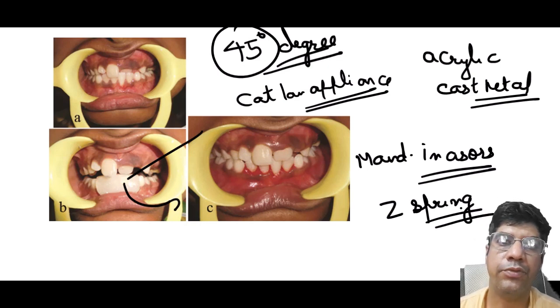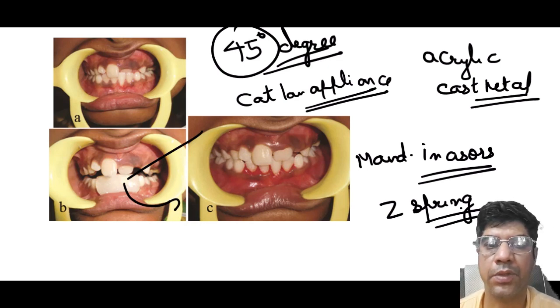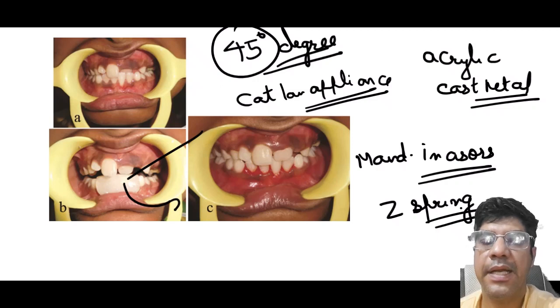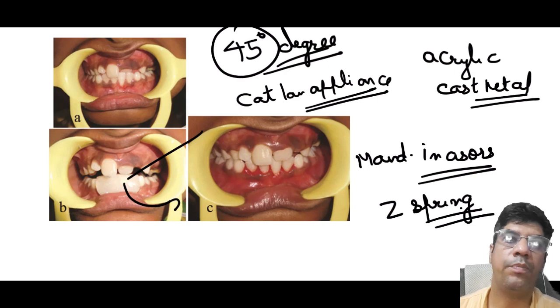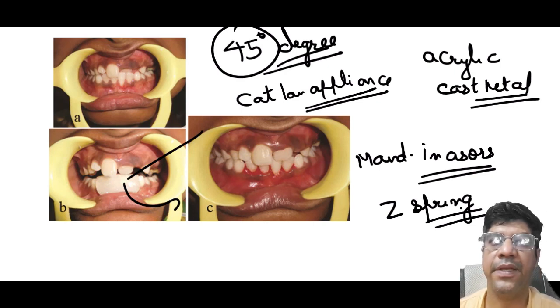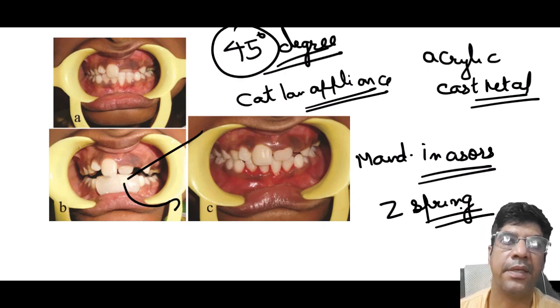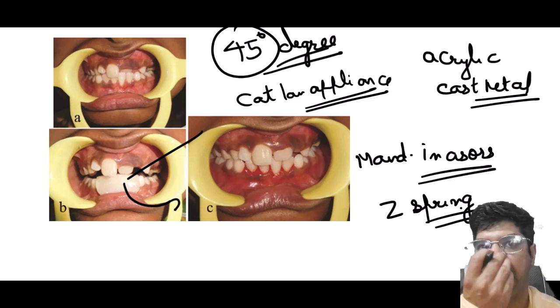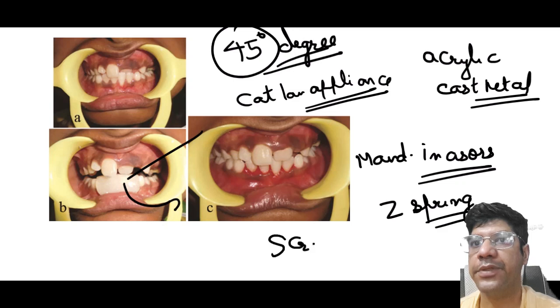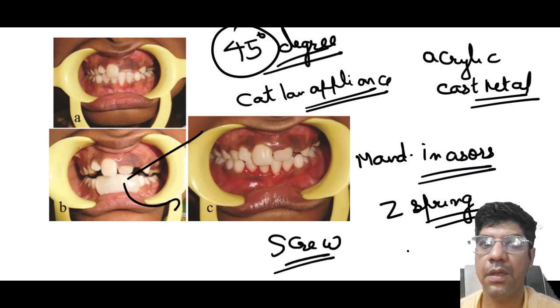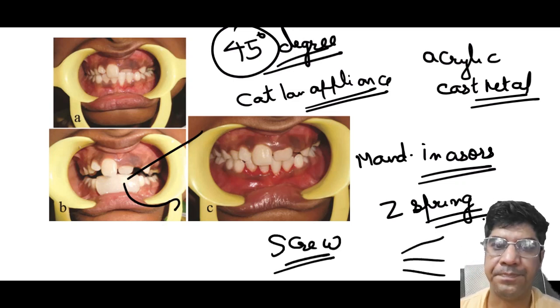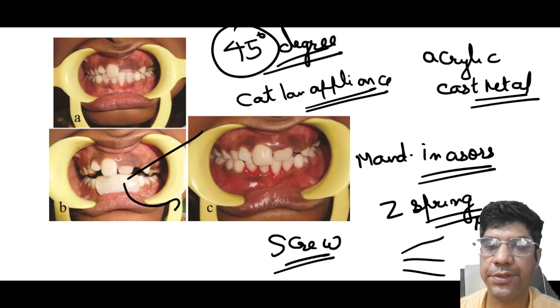It is commonly used for correcting the anterior tooth crossbite as it has a double helix between the two parallel arms, with the inferior arm extending as the retentive component in the acrylic base plate. Apart from that, we can use screws. They can be micro screws, mini screws, or medium screws.